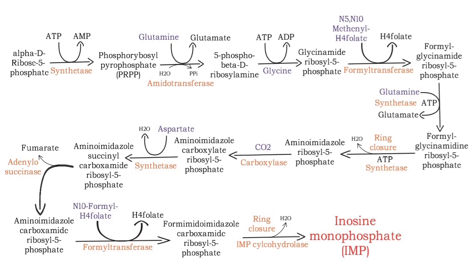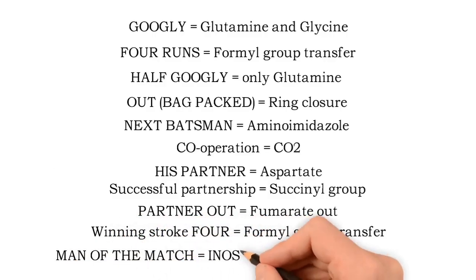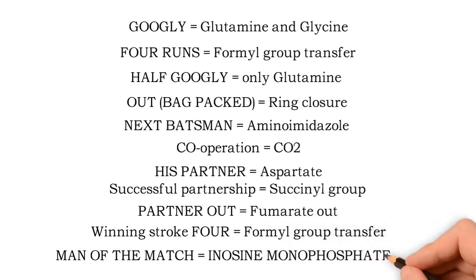So at the end, with lots of efforts and perspiration, he became the man of the match. Perspiration means H2O and man of the match means very important player, that is inosine monophosphate IMP.